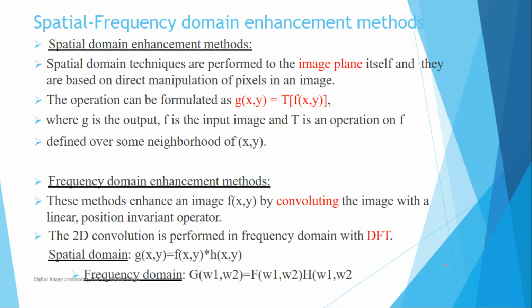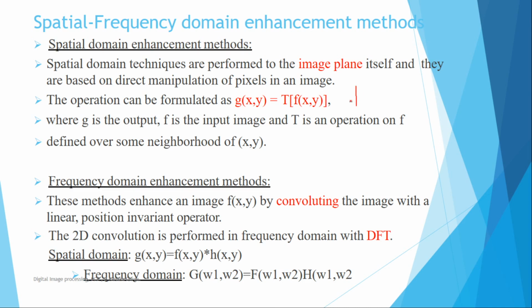How can we represent the pixel with respect to its position? I consider f of x comma y as the original image and g of x comma y as the enhanced image. The position of the pixel, or PEL, I assume as x and y.